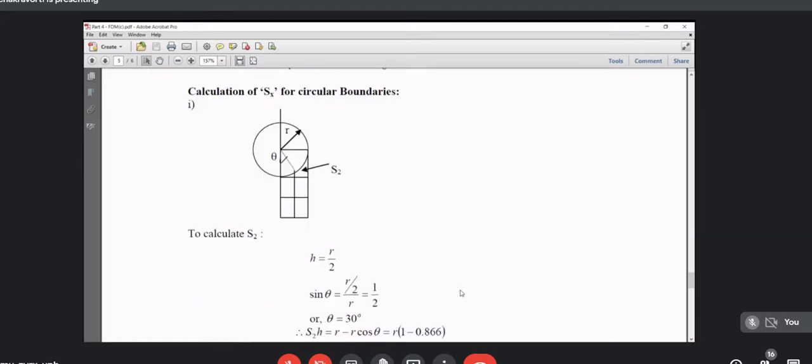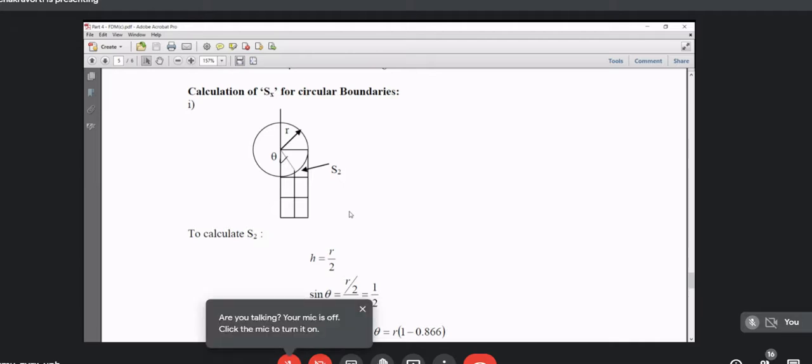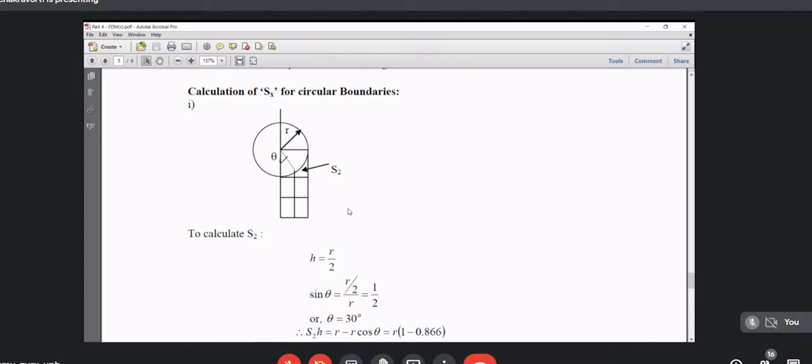In some examples of the problems, we don't tell you what the value of S2 is. For example, here I have shown a discretization. Now you can clearly see that the nodal distances are h, which is r by 2. Whereas for this node, if you can see my mouse moving, this S2 is not given, but it is quite possible that using your knowledge of trigonometry, you can find out this vertical distance between node 0 and the electrode, and then take the ratio with respect to h, where h is r by 2.